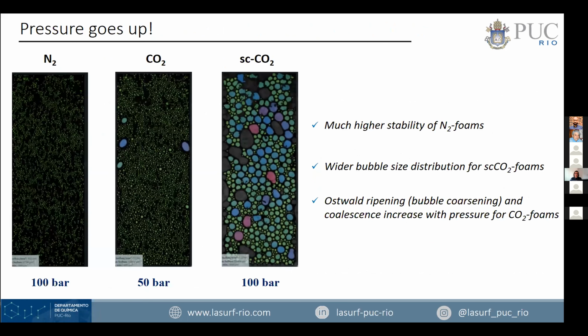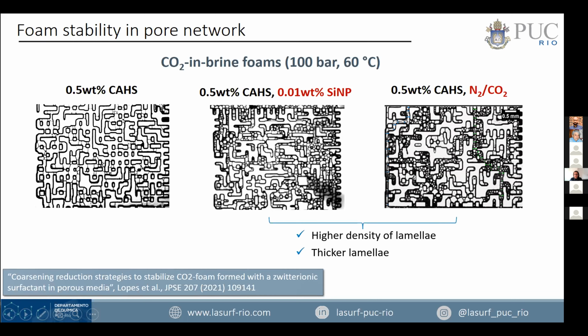And the other thing is when we mix the CO2 with nitrogen, so we have this mixed gas, we decrease the solubility of the gas inside the bubbles, then we have a larger amount of lamellae, and also this higher density in different zones, and it's easier to visualize different effects. The lamella is thicker than in both cases with the surfactants. And also here you can see the bubbles are more rounded than here, where you have a drier foam.